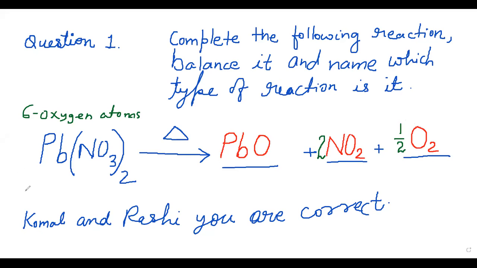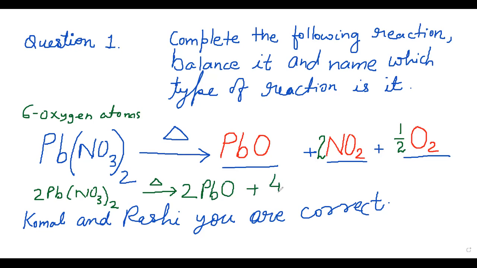If I multiply throughout with 2, it will become 2 Pb(NO3)2 heated gives 2 PbO plus 4 NO2 plus half multiplied by 2 is equal to 1. It's only 1 O2. So it is balanced.